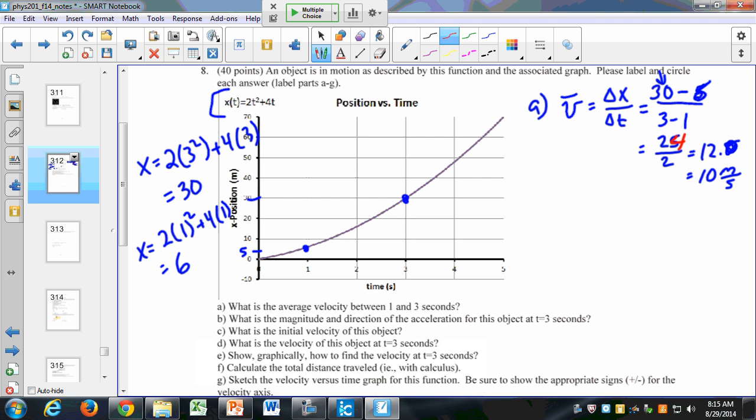All right? Try the next one, the magnitude and direction of the acceleration at 3 seconds. You'll need to do the derivative. Do y'all have that yet? No? Go ahead and try it out. What is the magnitude and direction of the acceleration at 3 seconds? If you have the position function, you'll need to find the velocity function and then the acceleration function.